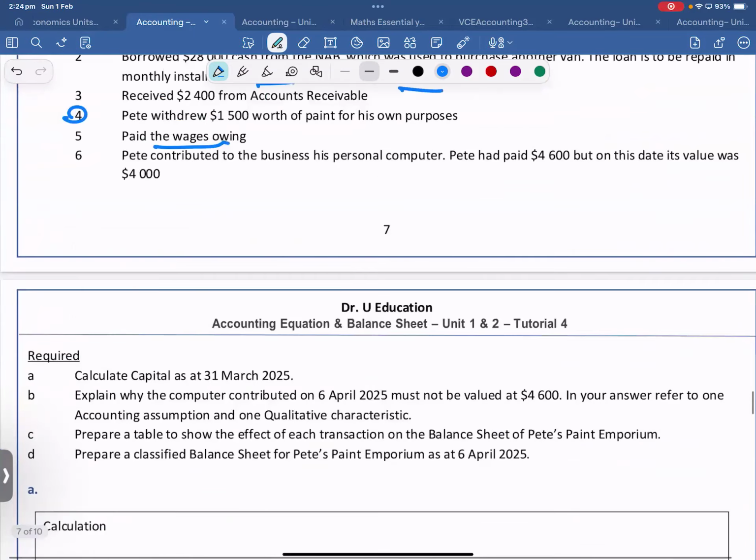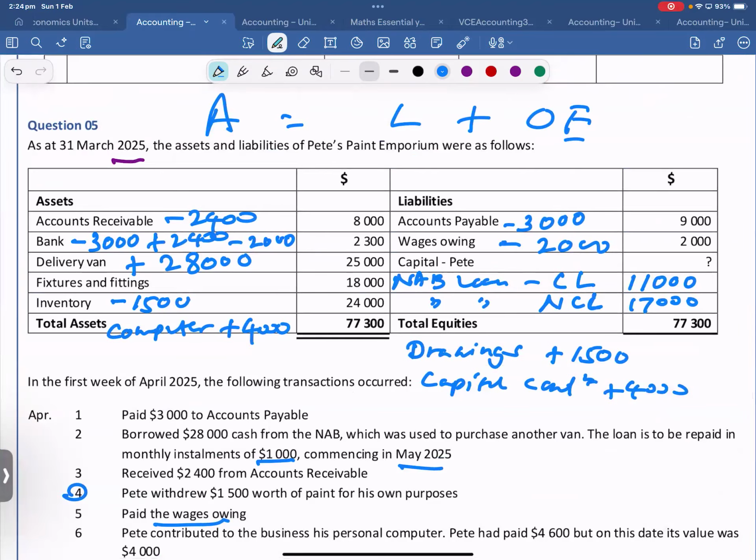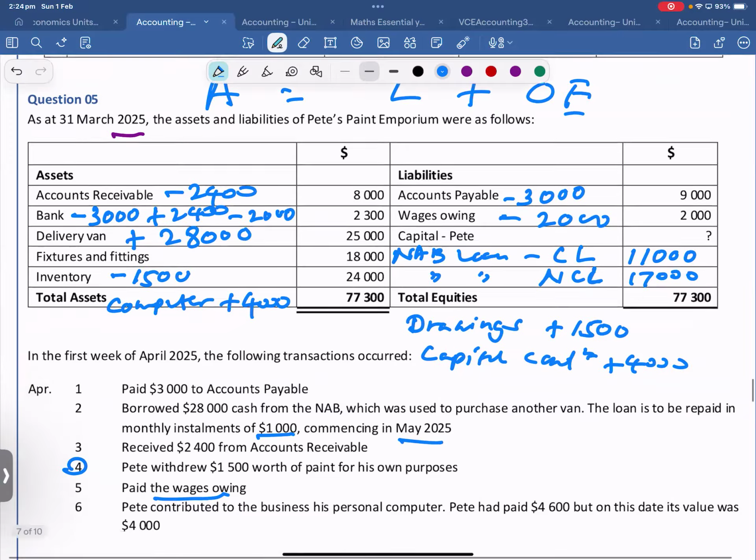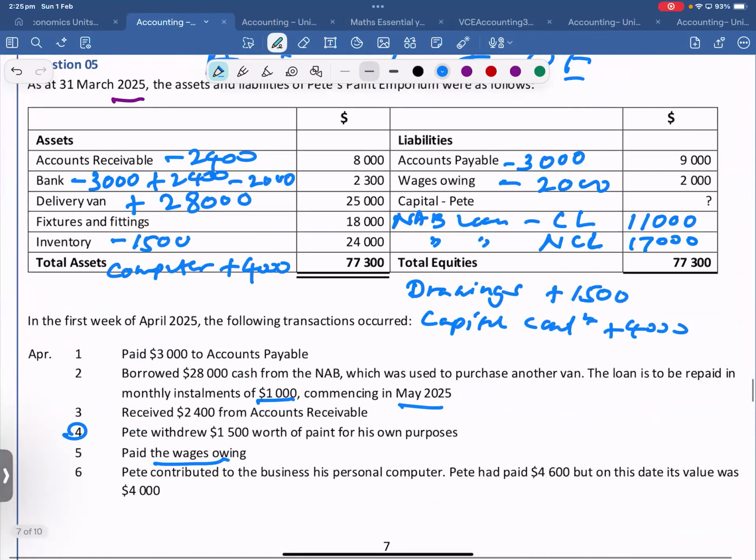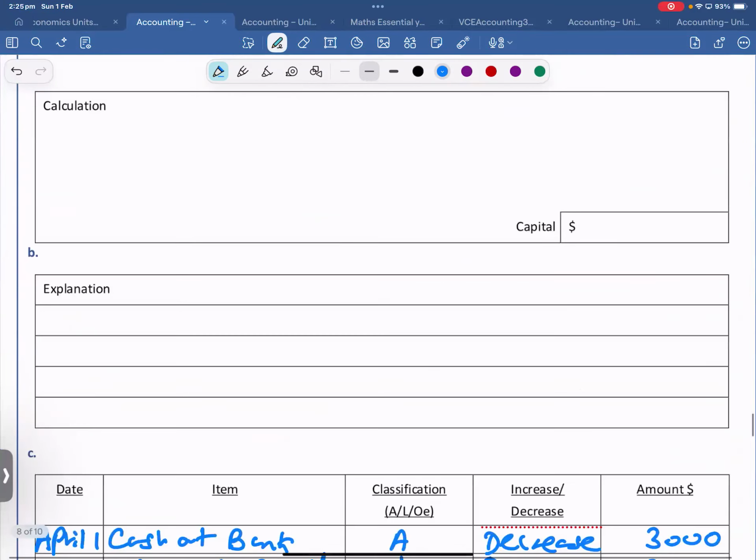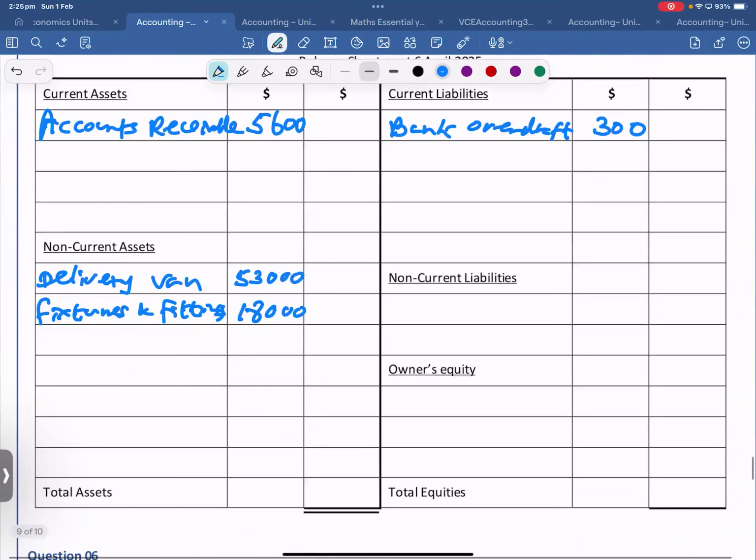Next one is inventory, 22,500. So 24,000 take away 1,500.